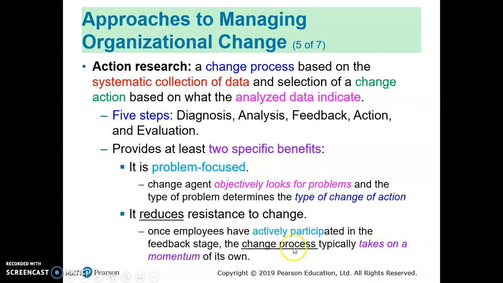That means the change process can become neutral, like a smooth flow, in terms of the actual actions that the change will take place. So that's the importance of action research.